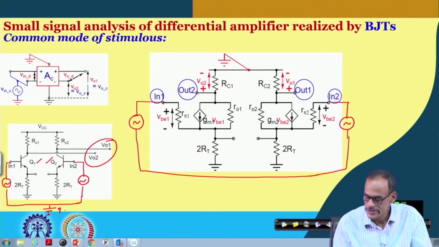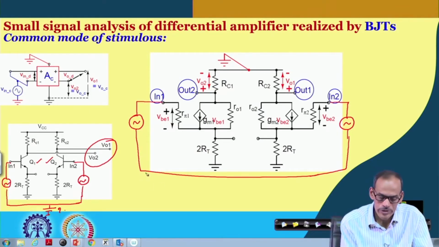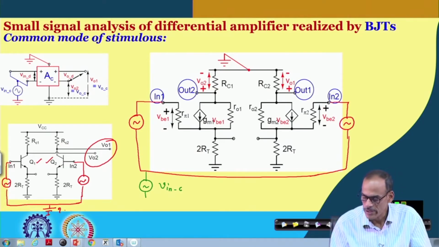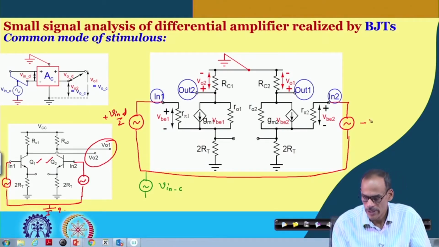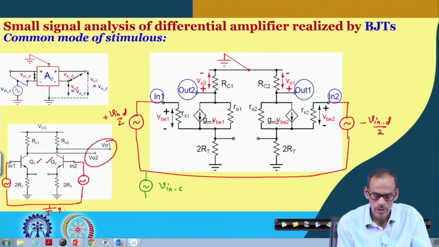But then in case you have both the signals coming together, namely V in C and the differential part, namely plus V in D by 2 and minus V in D by 2, if they are coming together, then what happens?